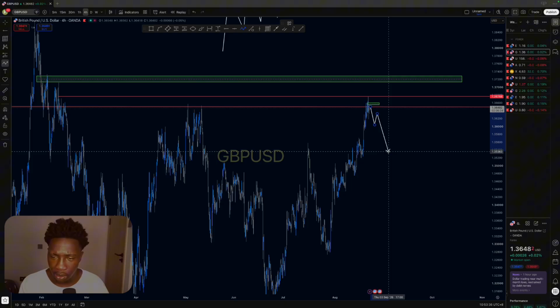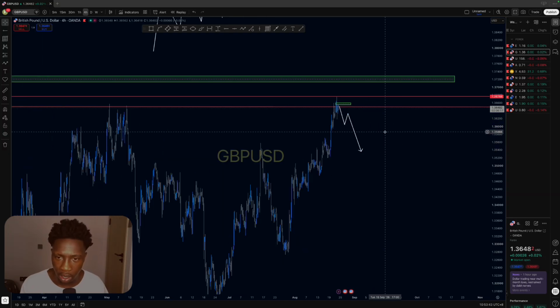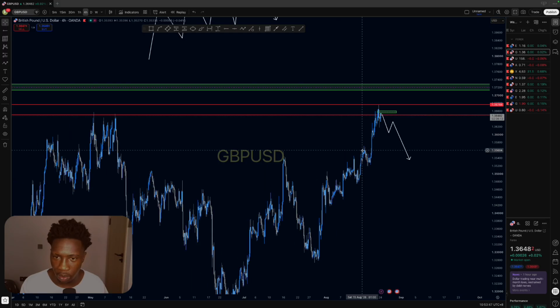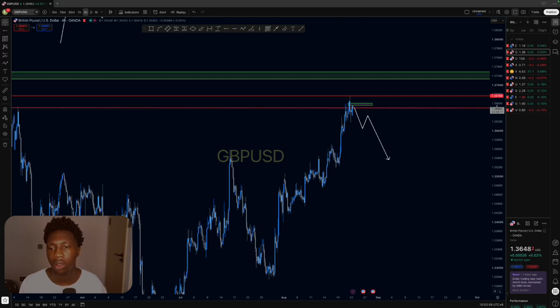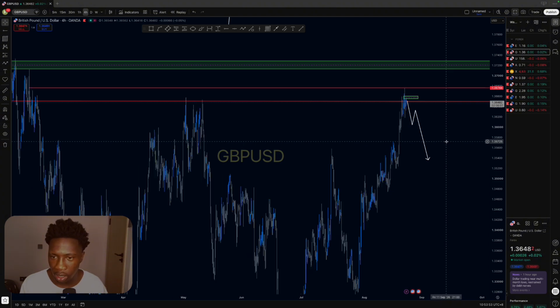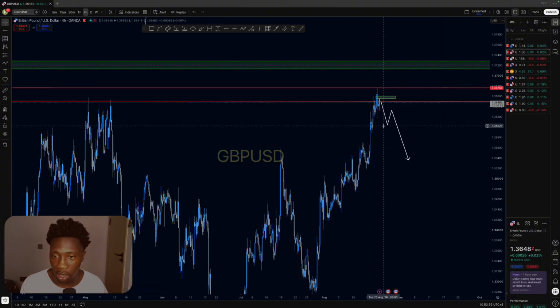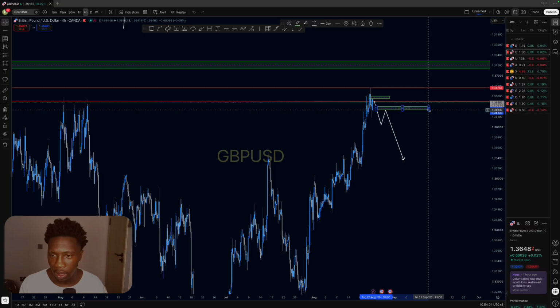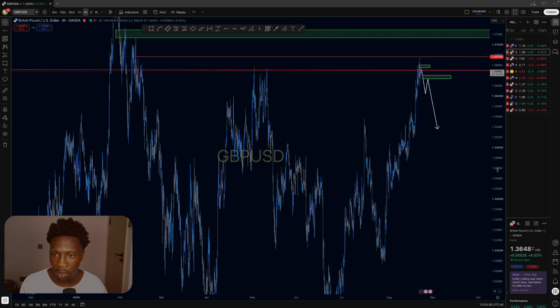This is the move that I'll wait for before I suggest that this is a good trade: a move to the downside and a move to the upside, and then I will take my trade at the second pullback right here.